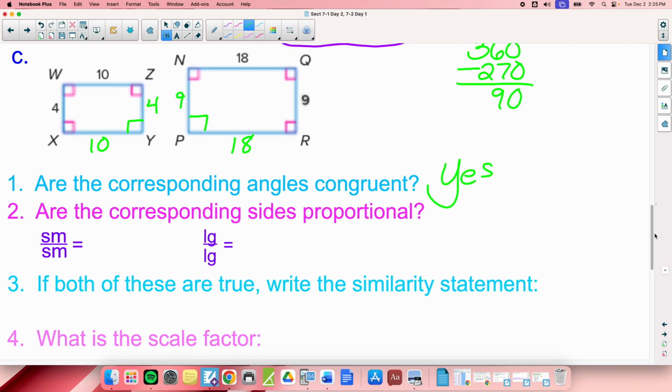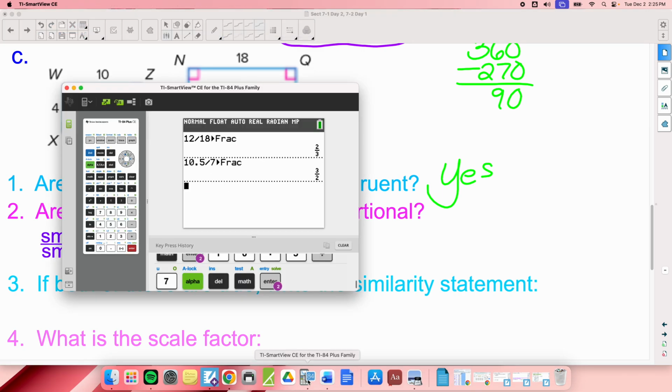Now in this one, we only need to try 2 of our ratios because there are only 2 sides that are different. So the small side here is 4. The small side here is 9. And now here's another thing that your calculator would do. Let's say you're like, I don't think I can reduce 4/9.